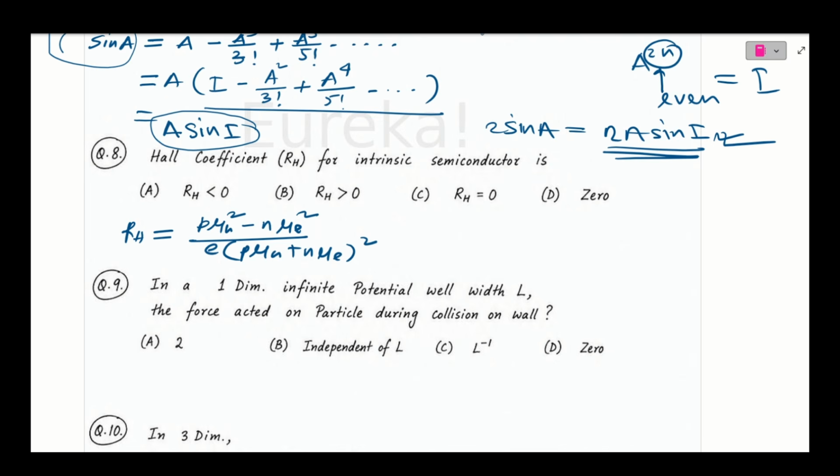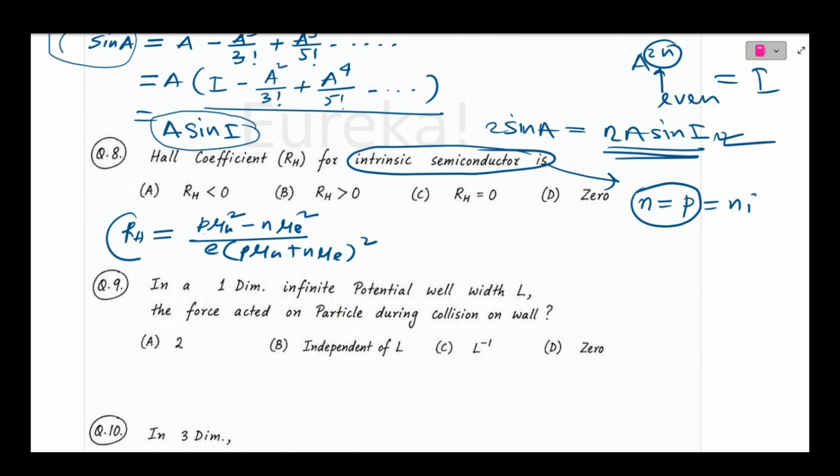So in case of intrinsic semiconductor, we know that the concentration of electron and concentration of hole are same, that is n and p are same. So if n and p are same, then the formula can be normalized. Okay, so after that we know that in case of intrinsic semiconductor the mobility of electron is always higher than the mobility of hole.